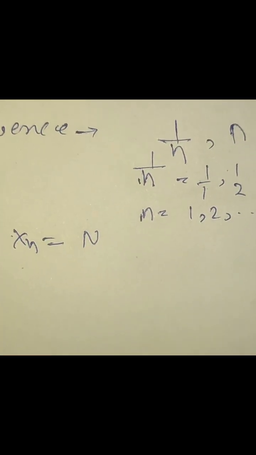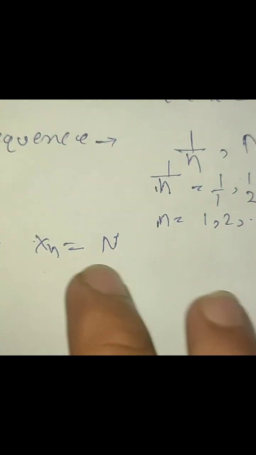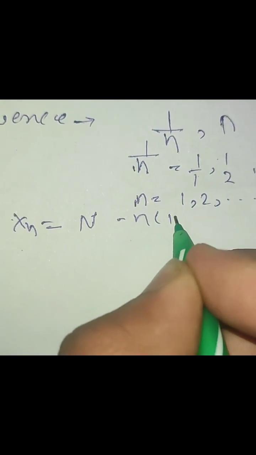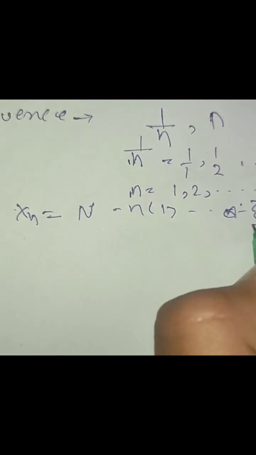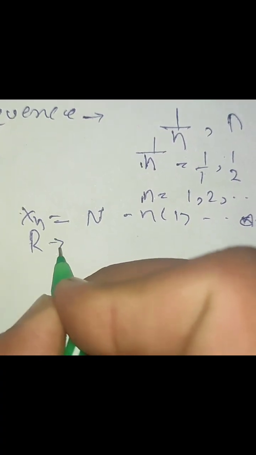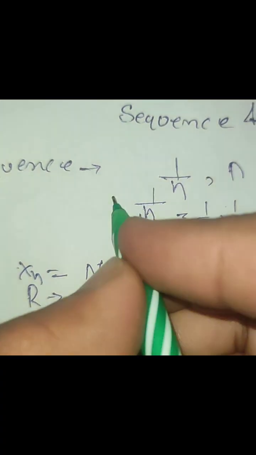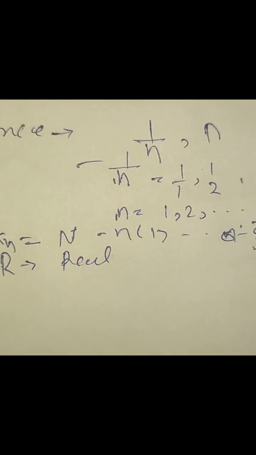We choose natural numbers because they are countable. So if n is a natural number, n goes from 1 up to so on, and the range is the real numbers. The range can be anything else, say minus n, so the sequence goes from minus 1 to 1, anything else.